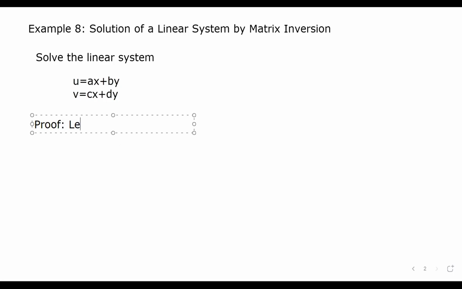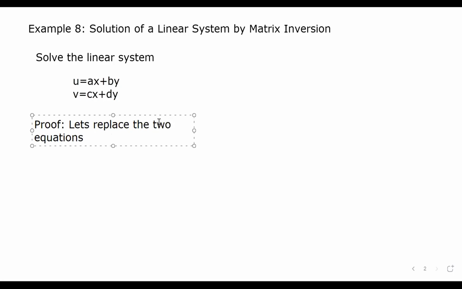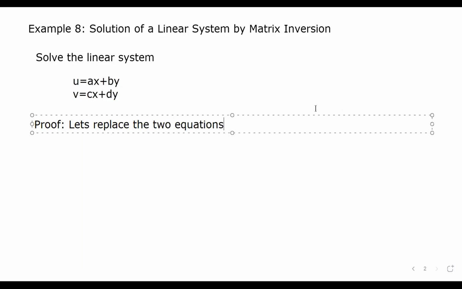Okay, so for the proof, let's replace the two equations by a single matrix equation.